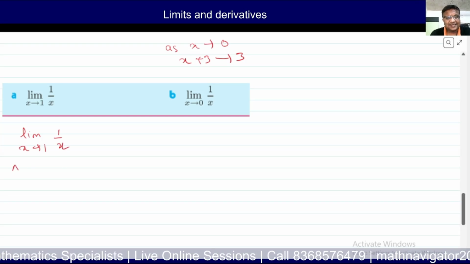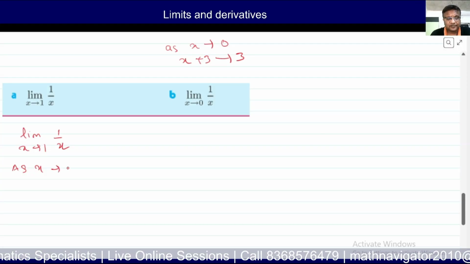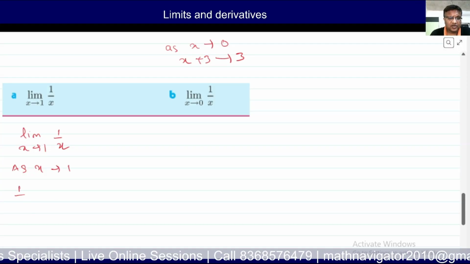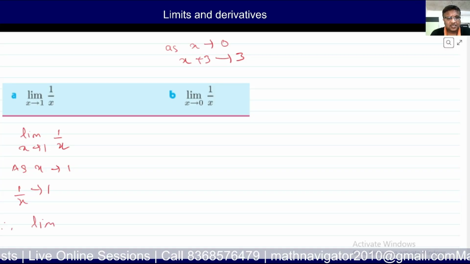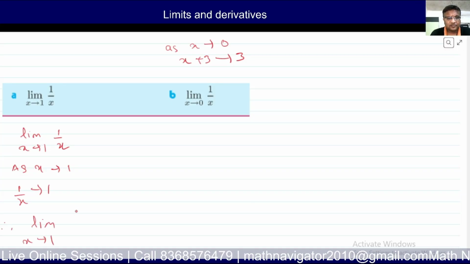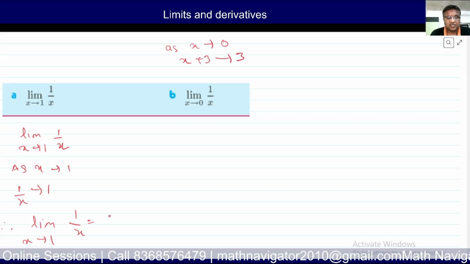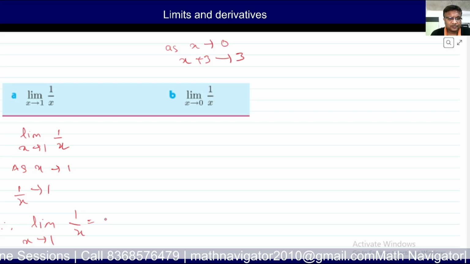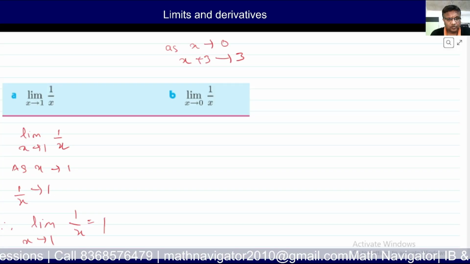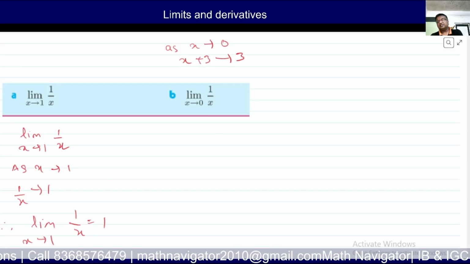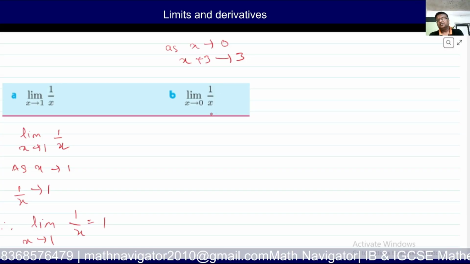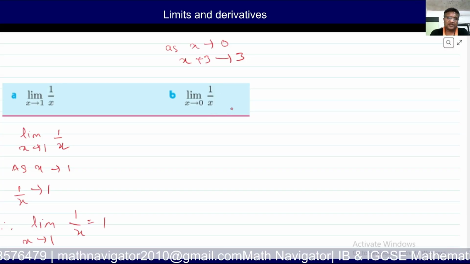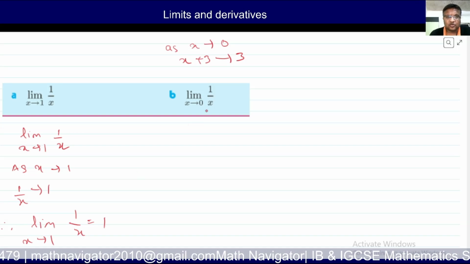So as x tends to 1, 1 over x tends to 1. Therefore, limit x tends to 1, 1 by x is equal to 1. Here, there are two ways of solving it. One, I can solve it directly, but we can plot the graph as well. So first I'll solve it normally.